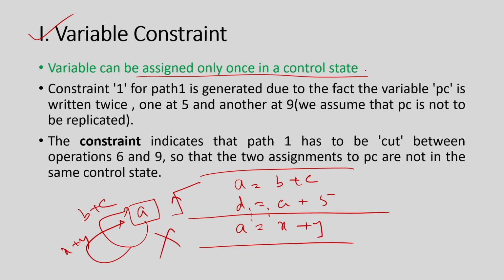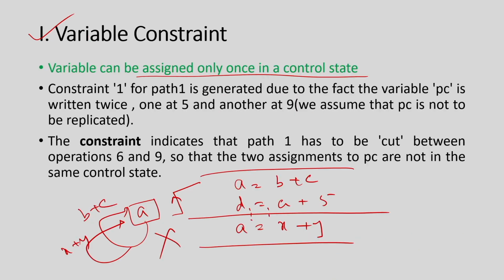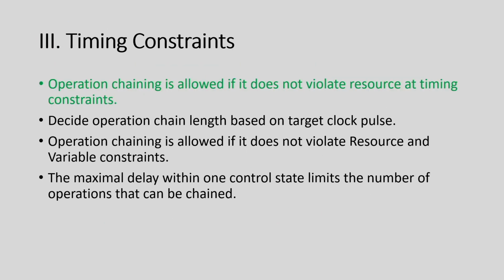That means you have a path, you identify whether any variable is getting defined twice, and if it is, you have to break the whole path between these two. You can assume that you can execute everything in one clock, but because of the variable constraint, this cannot be done in one, so you have to cut the whole path in two, and then the first part is one state and the second part is another state. Okay. So, let me take the example that I have taken, and then explain this.